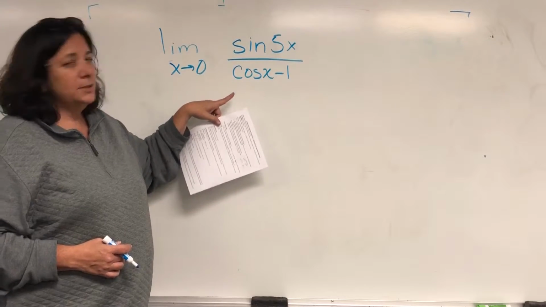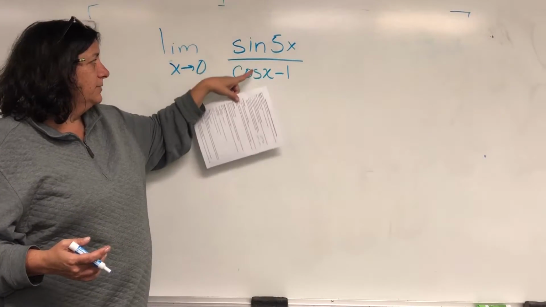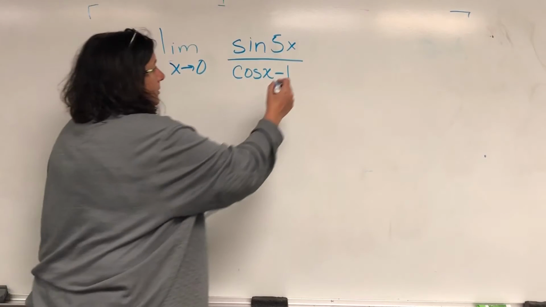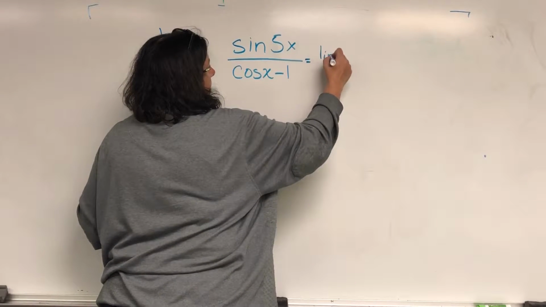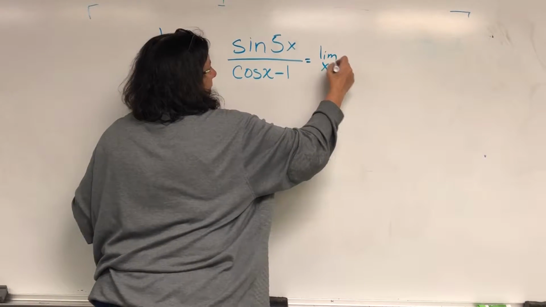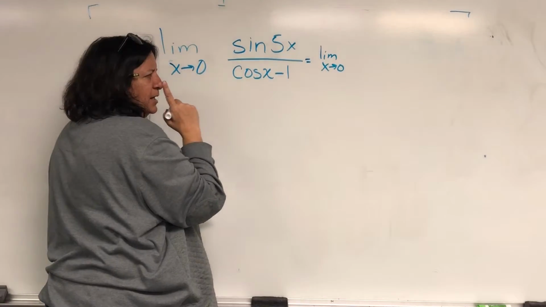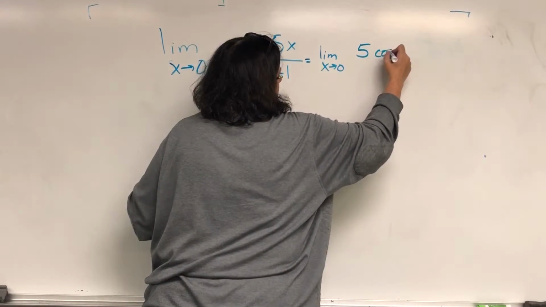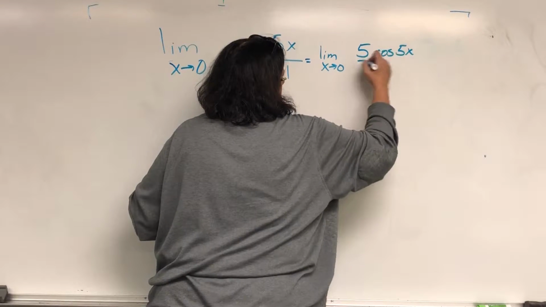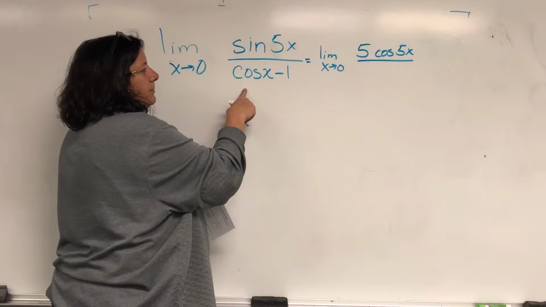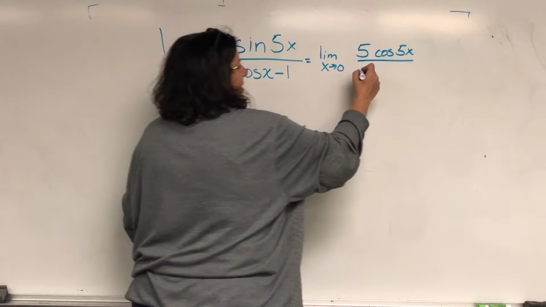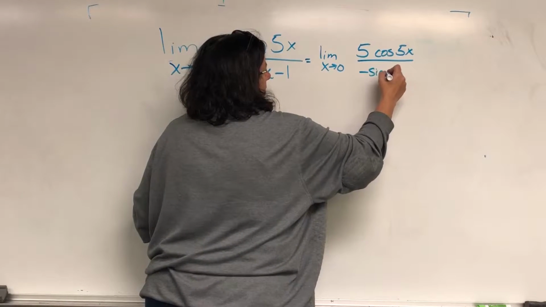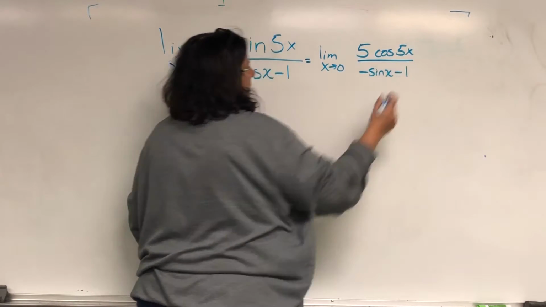So how do I know this is going to work? Well, I'm not sure, but since I have 0 over 0, it's probably going to work. So I'm going to be careful to keep my limit notation. What is the derivative of sine 5x? That would be 5 cos 5x, because I have to use a chain rule. And then on the bottom, I would have negative sine x minus 1.